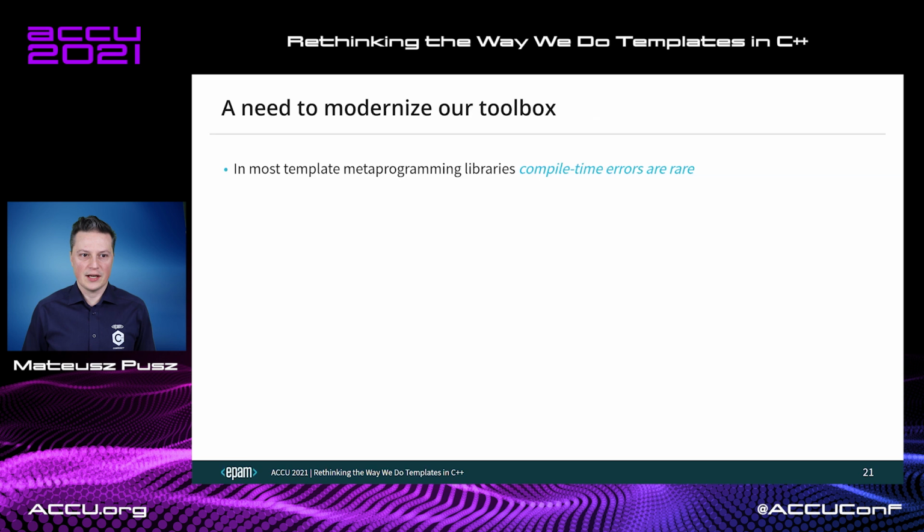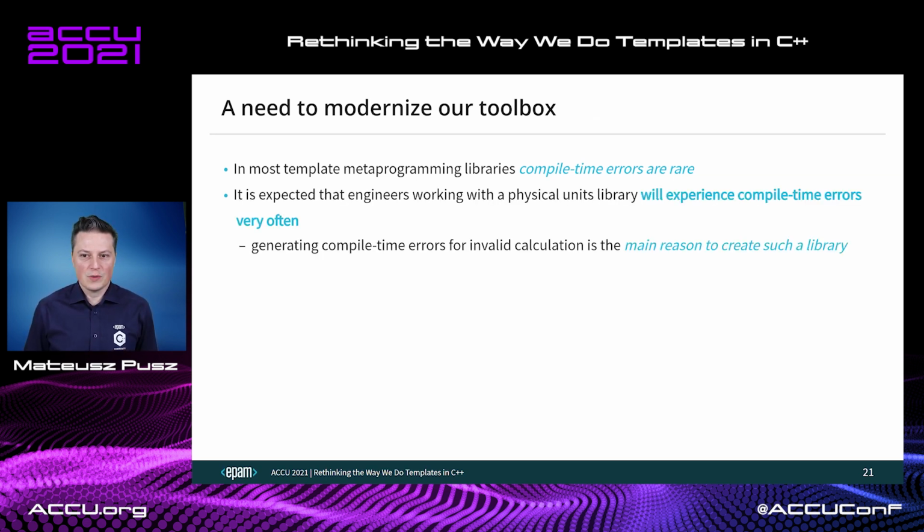So I would claim that in most template metaprogramming libraries, compile time errors are rare. It's hard to break string. It's hard to break vector for it to not compile, right? But there are some libraries like this one, where actually compile time errors will happen very often.